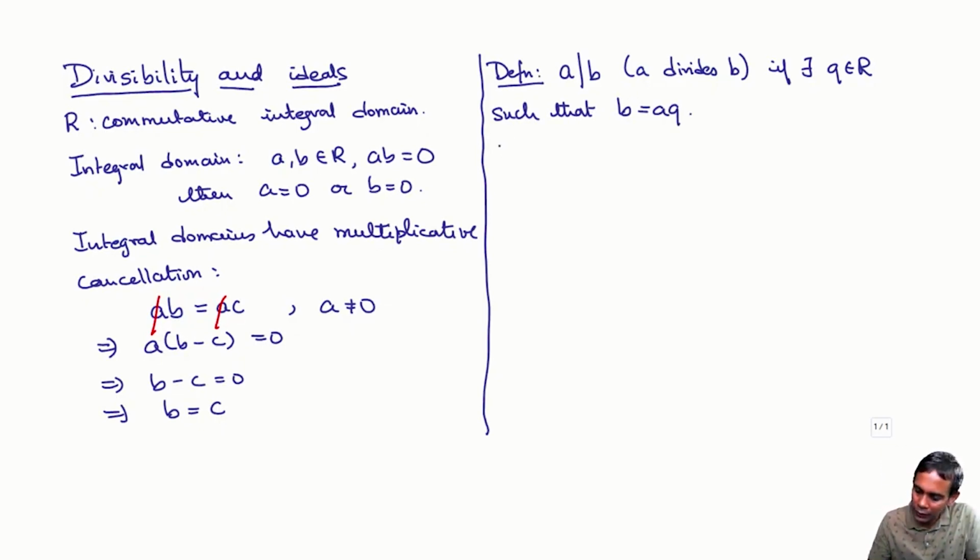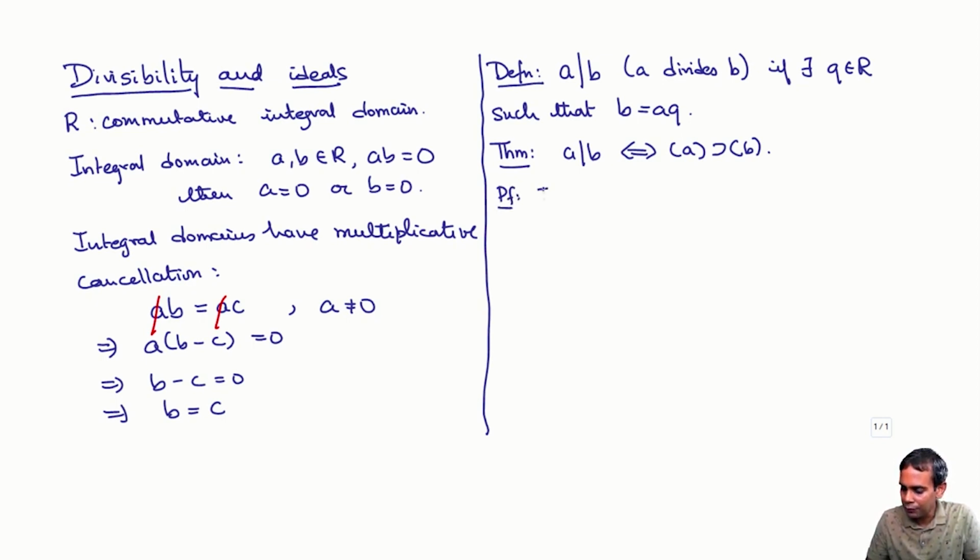Okay, so in terms of ideals, this has a very simple interpretation. a divides b if and only if the ideal generated by a contains the ideal generated by b. Well, the proof is very simple. If a divides b, then b equals aq.